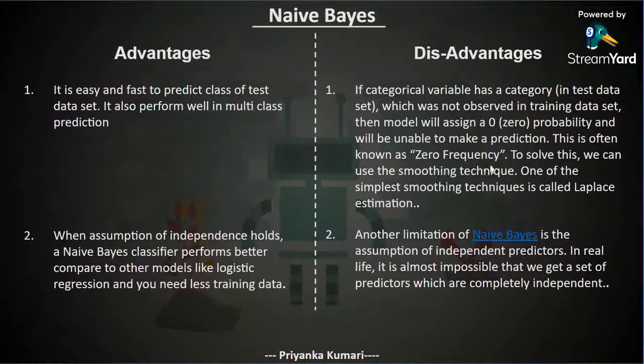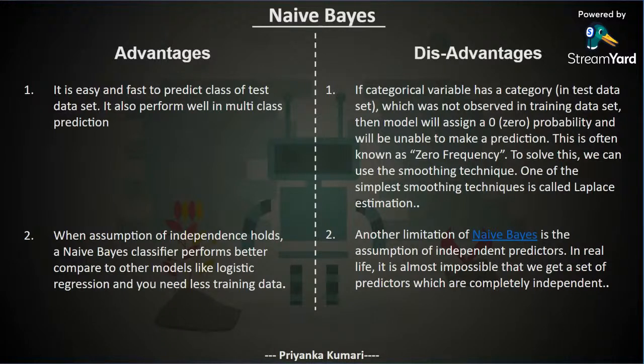Let us understand with an example. Suppose you want to classify the gender as male or female and you have trained your model on the data set. But while testing your model, suppose a third category pops out, let us say it is not defined or anything. Then what naive Bayes does is, the new category or new value which has popped out, it will assign zero probability, and it does not make any prediction on it.